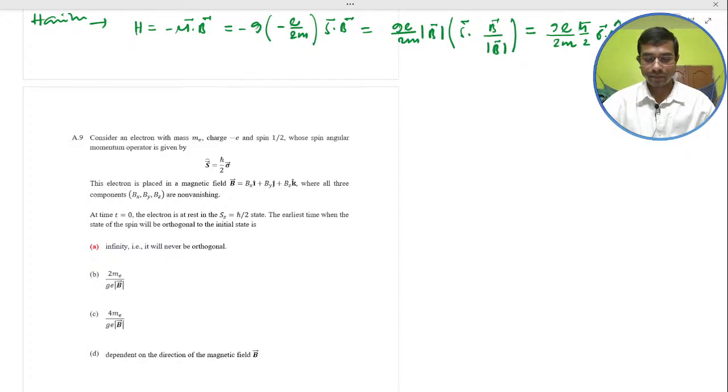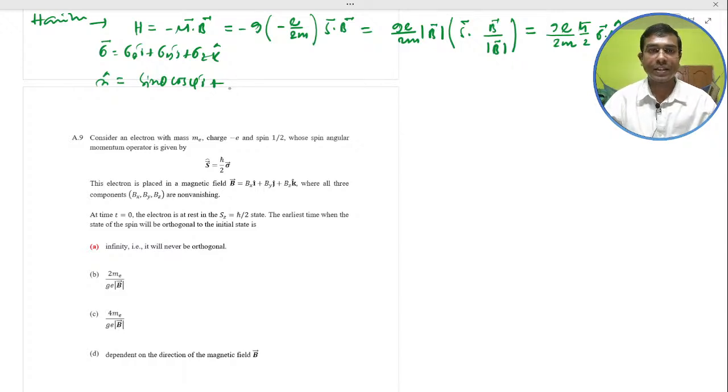Okay. Sigma is the Pauli spin matrix. Here sigma is sigma x i, sigma y j, sigma z k. And n is sin theta cos phi i plus sin theta sin phi j plus cos theta k, in the spherical polar coordinate system.